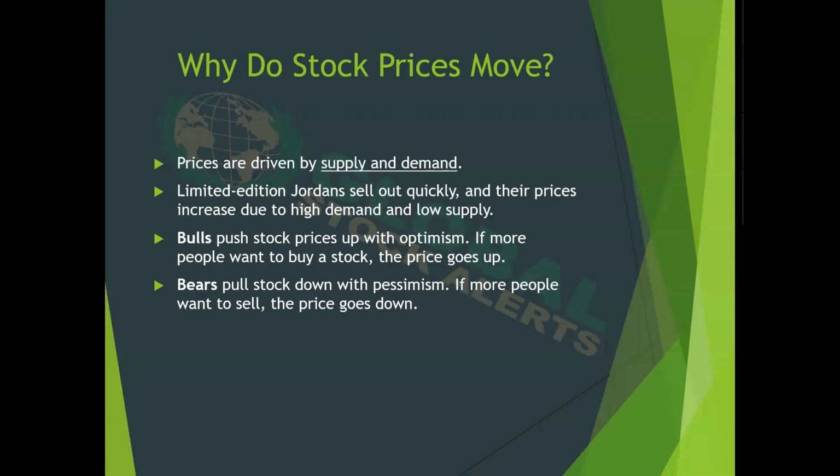That's based on the supply because it's 100 pair available, but it's probably 100,000 people that want them. So the demand is higher than the supply. And that's basically how stocks move. You know what I'm saying?